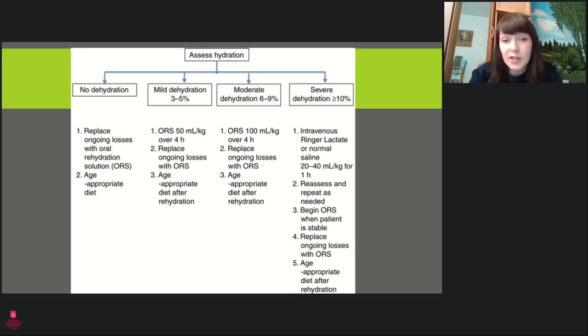If we have severe dehydration and body weight loss more than 10%, we should give intravenous Ringer's lactate or normal saline solutions, 20 to 40 milliliter per kilogram for the first 1 hour. Reassess and repeat as needed after 1 hour of treatment. Begin oral rehydration when the patient is stable. Replace ongoing loss with oral rehydration and appropriate diet after rehydration.